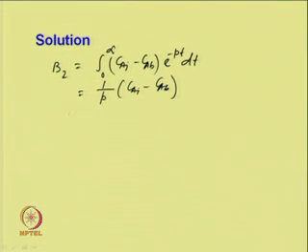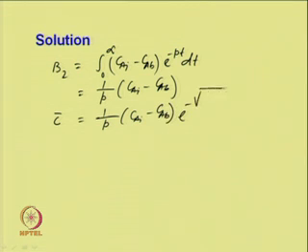So, then we can write C bar is equal to 1 by p C_AI minus C_AB e to the power minus root over p by D_AB z.